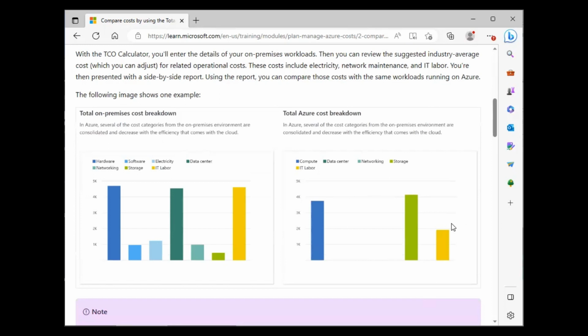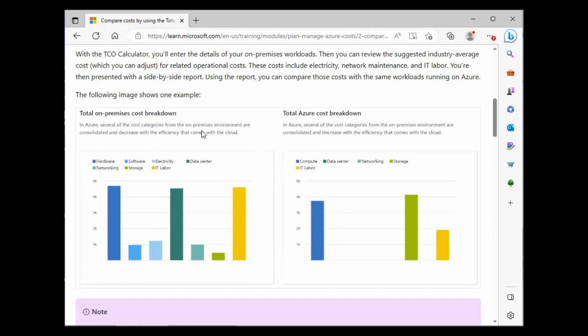In this image, I see the range of the level of the cost. Total on-premises cost breakdown.